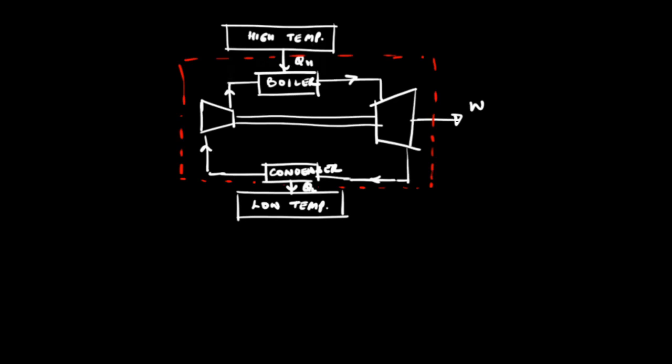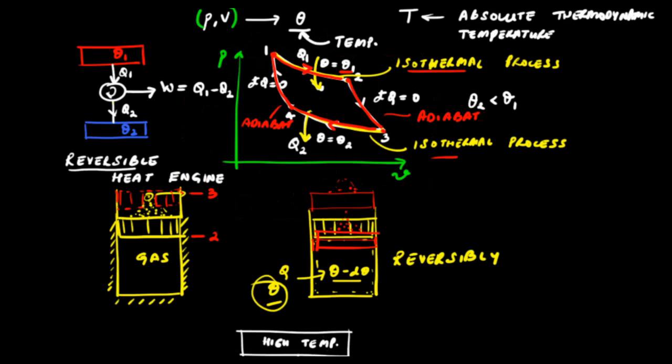So such a device can also, in theory, operate on a Carnot cycle. So we have seen that a heat engine that operates on a Carnot cycle takes in heat Q1 and rejects heat Q2, and in the process does work Q1 minus Q2. So the efficiency, as we've seen for any heat engine, would again be given by (Q1 minus Q2) over Q1.